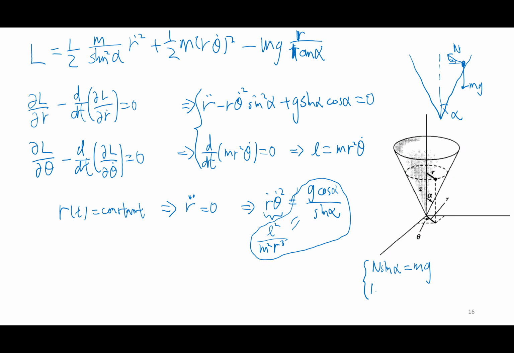And then the horizontal component of the normal reaction, n cosine alpha, has to give me the centripetal force. So if you divide the two equations, you should have the same relation as this one over here. Okay, so this is the end of chapter 3, part 3.